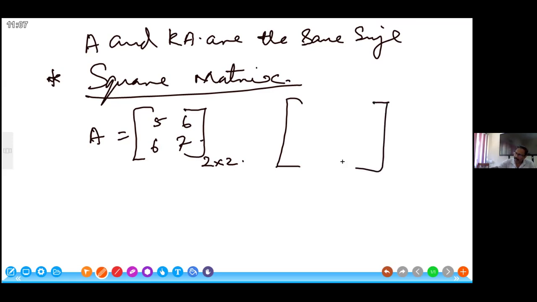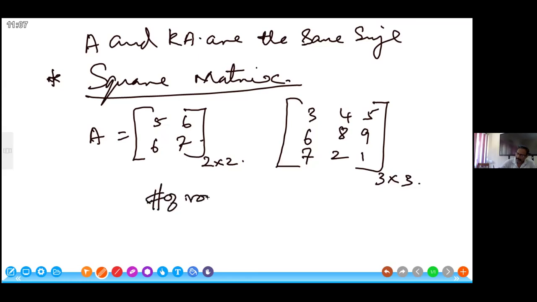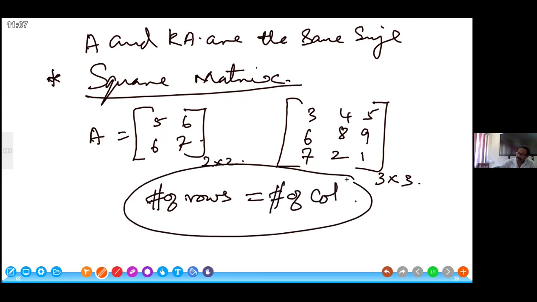So this is another square matrix, having 3 rows and 3 columns. The number of rows should be equal to the number of columns. That is called a square matrix.